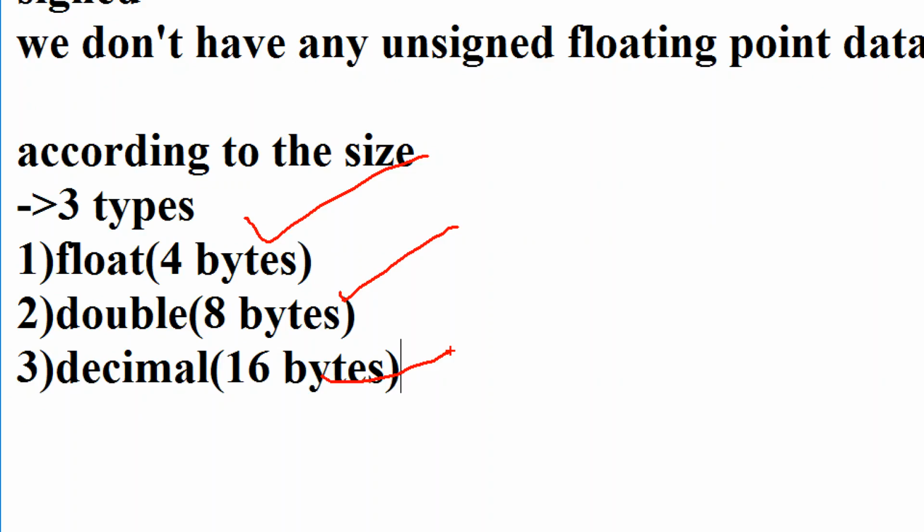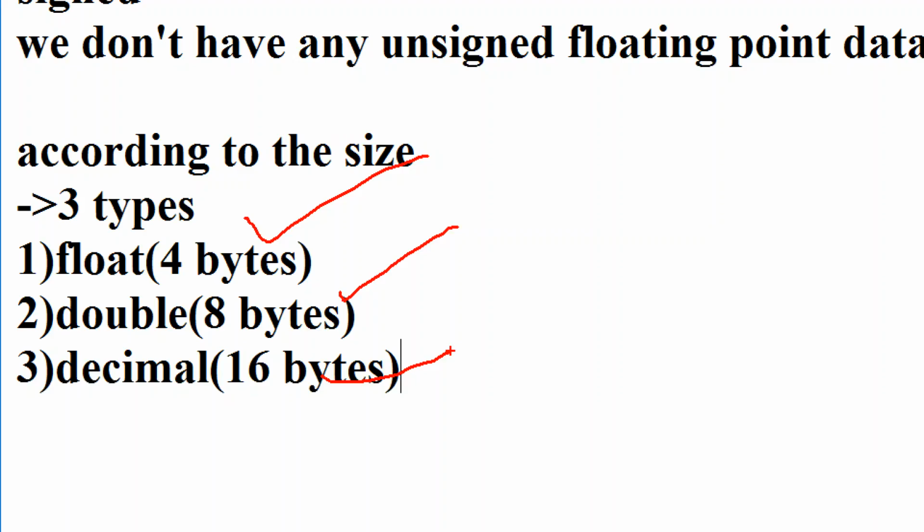Like student marks, M1, M2, M3 subject marks, out of 100 he scored 90, so float is better. And person weight like 60.5, 70.73, float. And person height 5.8, 5.6, 6.2, float.